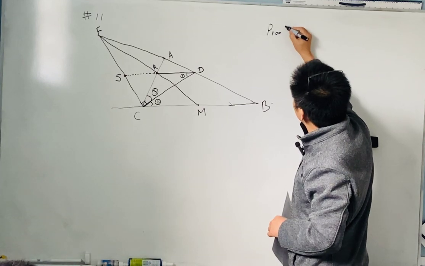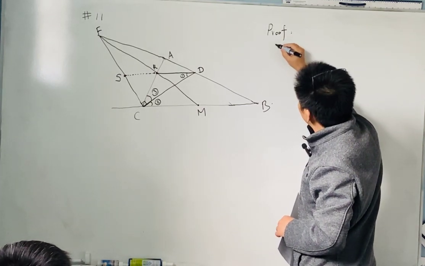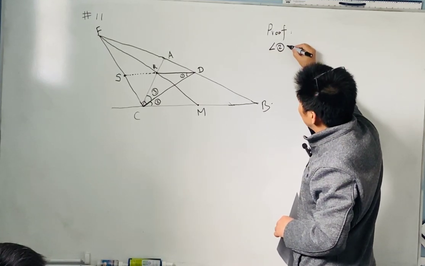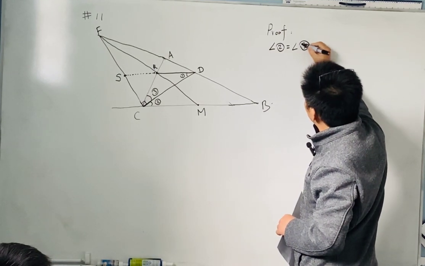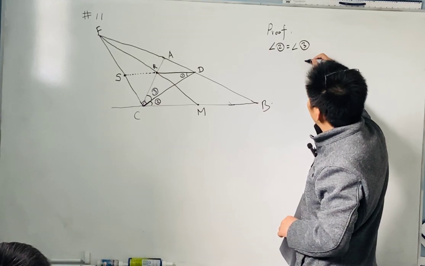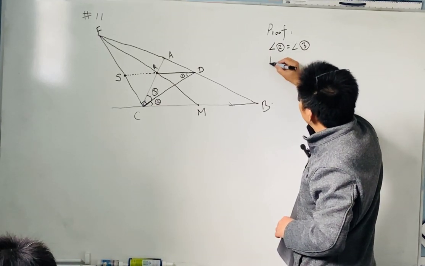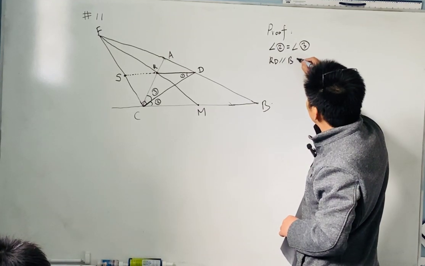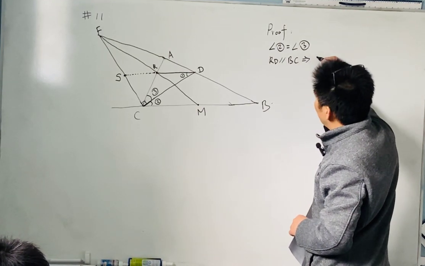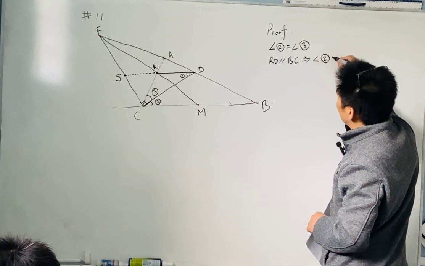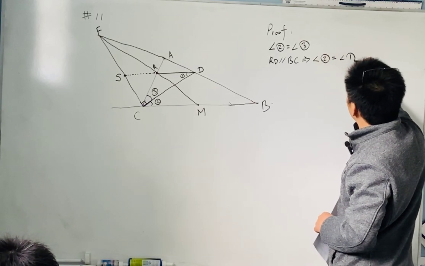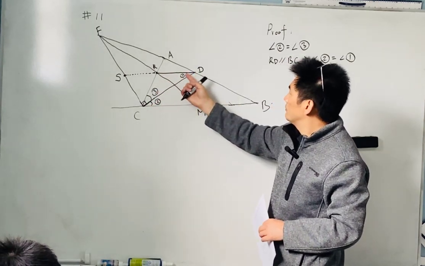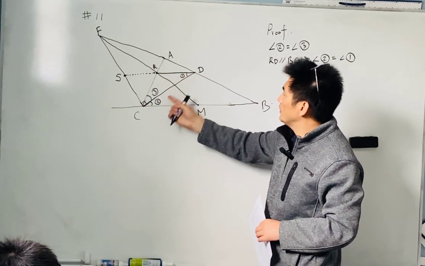Well, the proof goes, first of all, this is given. And because RD is parallel to BC, this tells us that angle 2 equals angle 1. Whenever two lines are parallel, the alternate angles are equal.